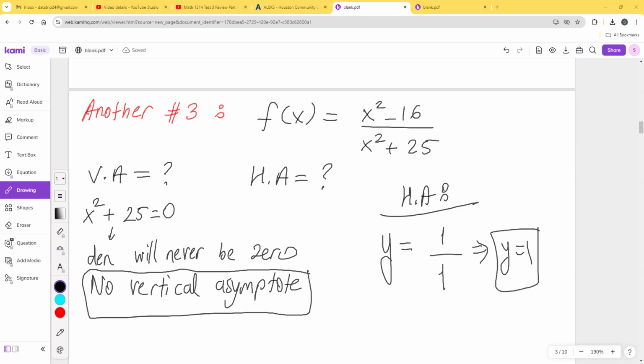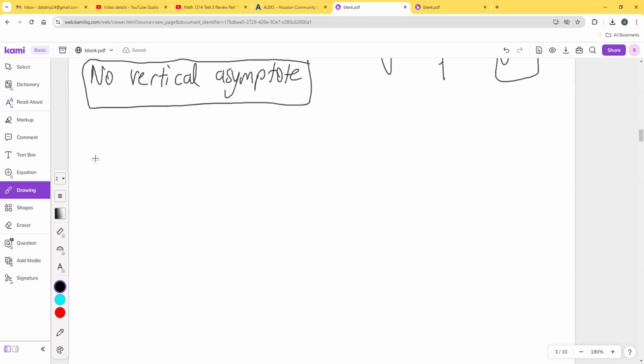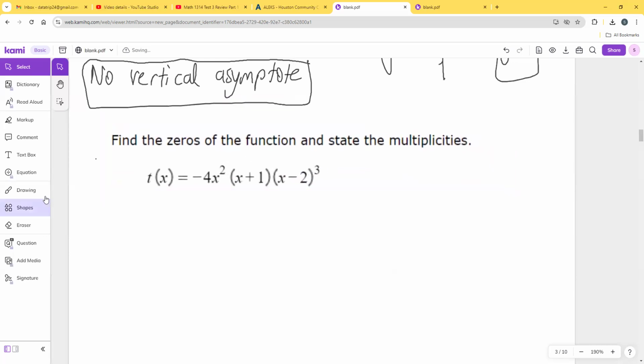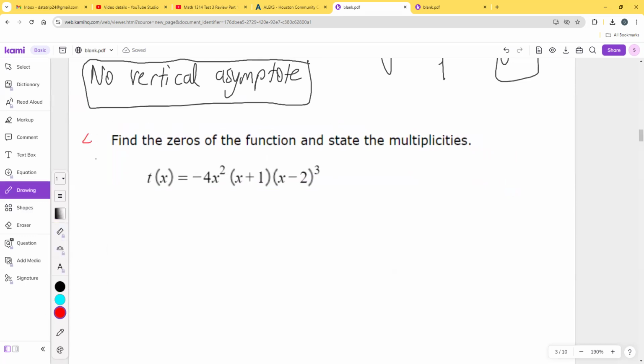This one: find the zeros and the multiplicities. Let's label this as question 4. For this question, we want to find the zeros of this function and the multiplicities.